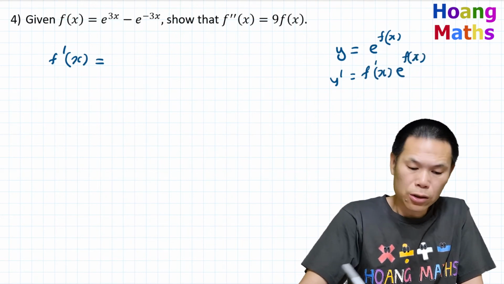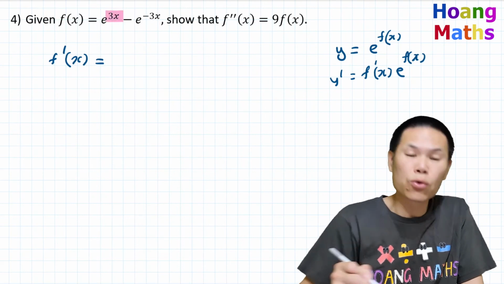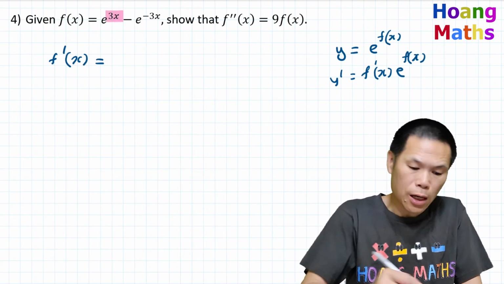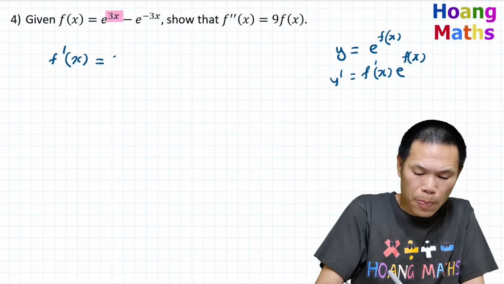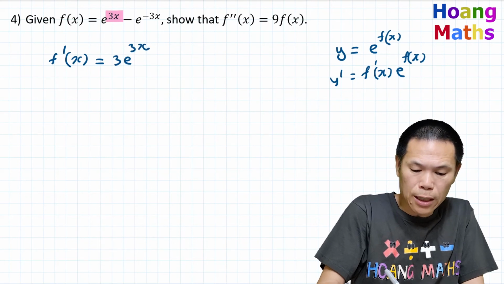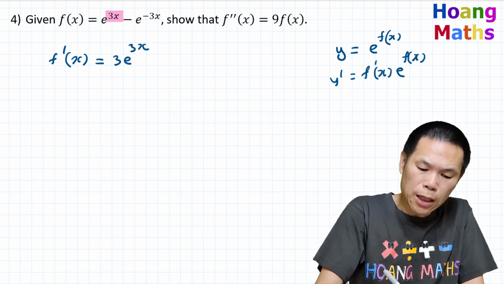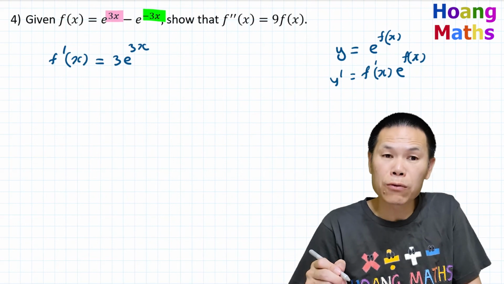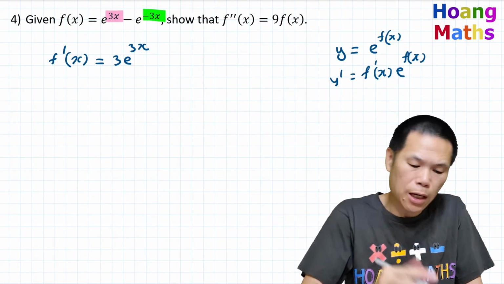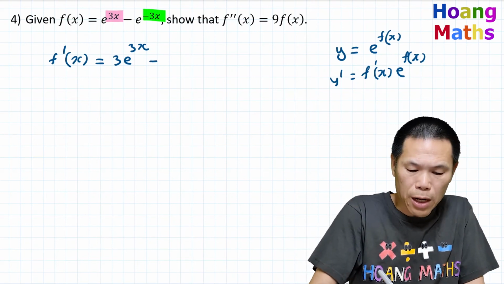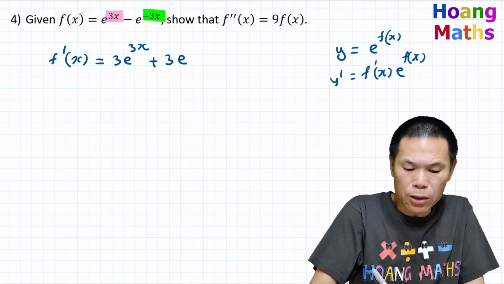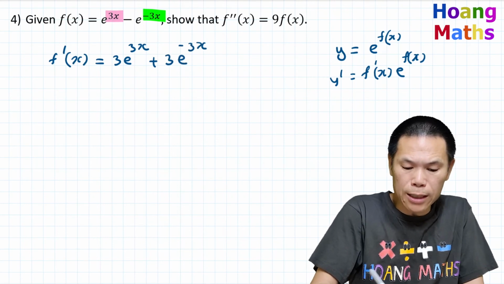So in other words, we differentiate 3x, it gives me 3. And then we times by e to the 3x. Then we differentiate negative 3x, it gives me negative 3. And then negative 3 times a negative gives you a positive. So plus 3 e to the negative 3x.